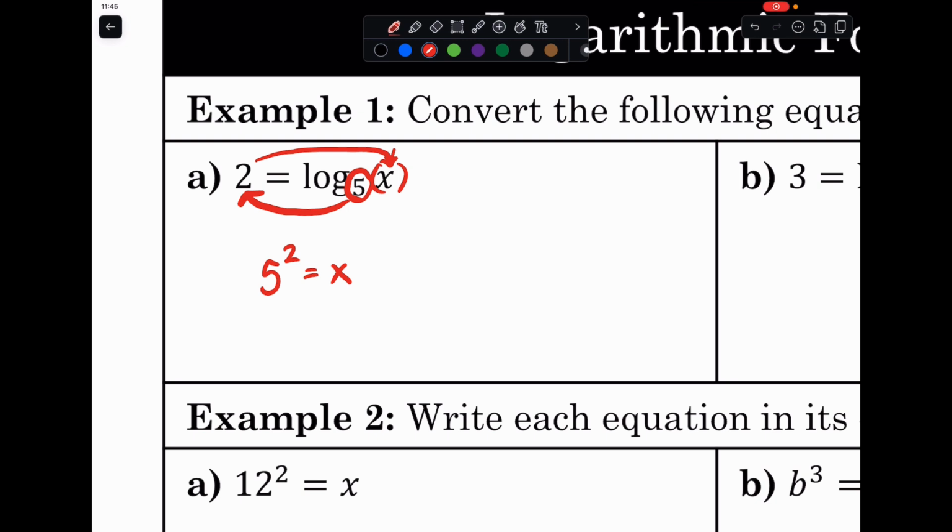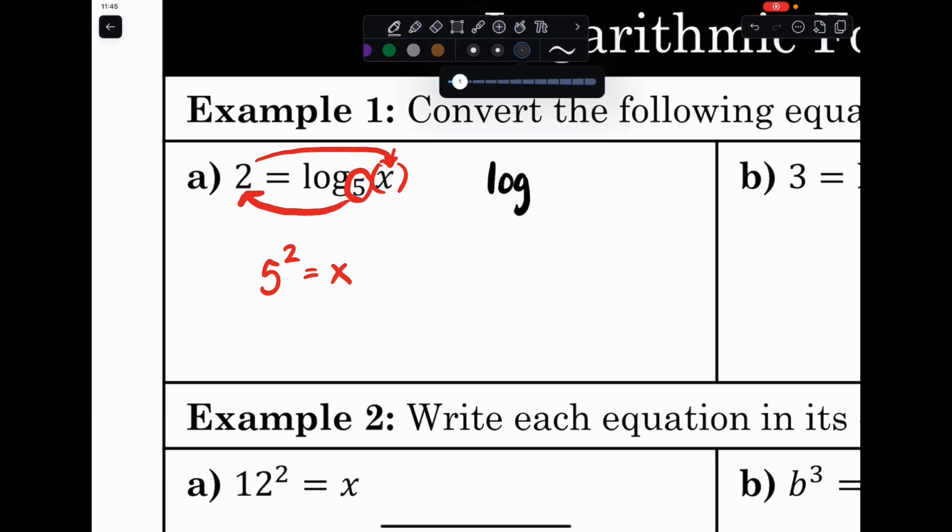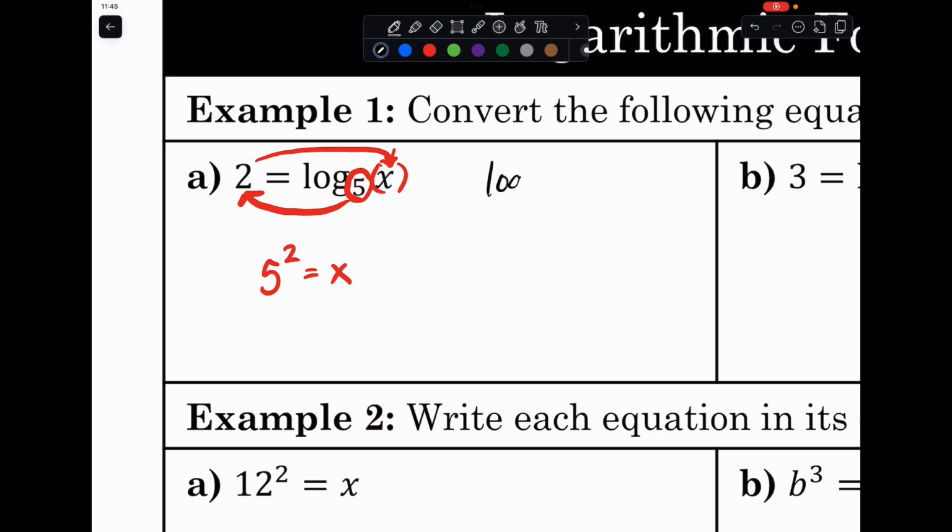to x. So if I read this and write this the other way around, let me get a thinner pen here. Log base 5 of x equals 2, as you can clearly see right here, I start by getting this base, raising it to this value of 2, and then equaling that value right there, okay?